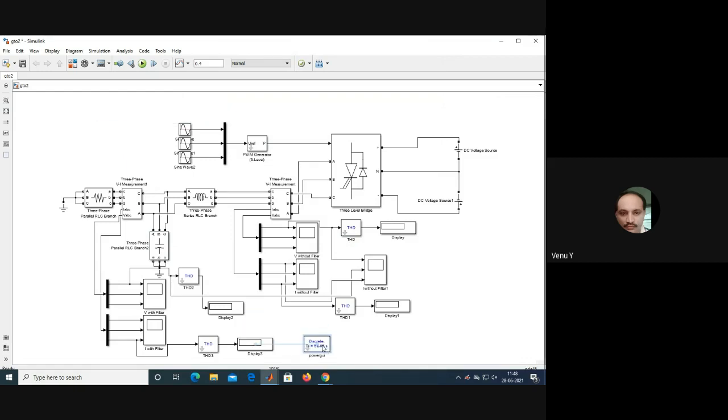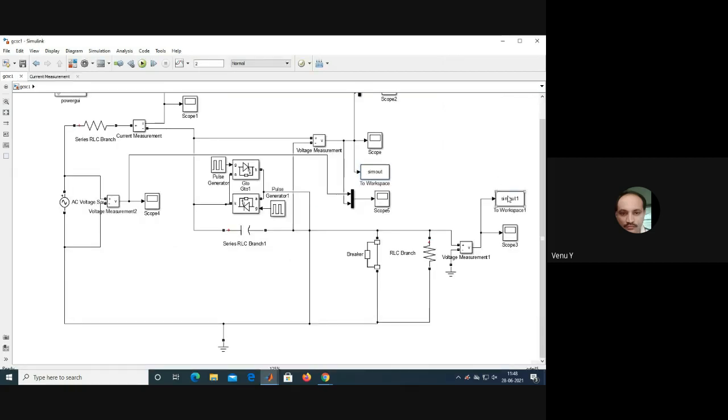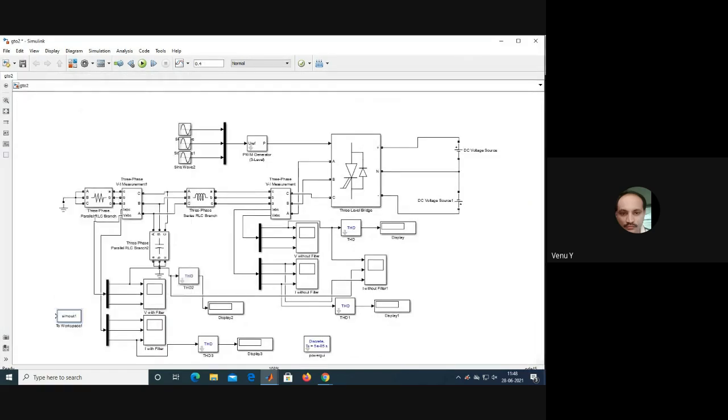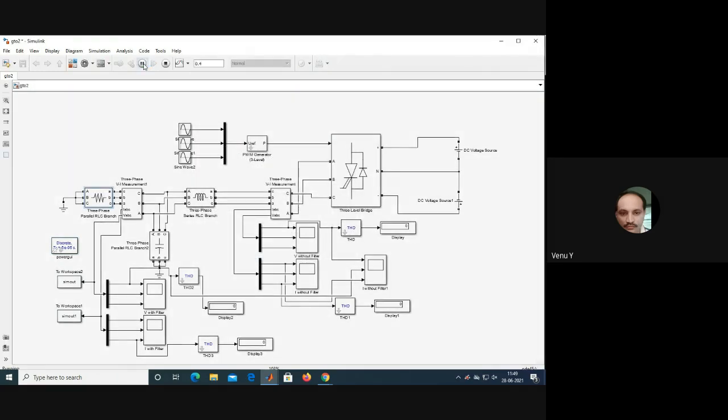Now we need to get sim output, voltage as well as current. Load resistance is 1 ohm. Now you can run this with filter.